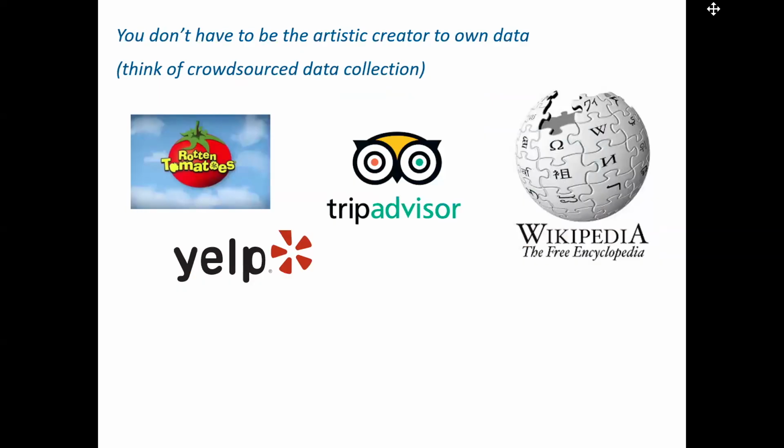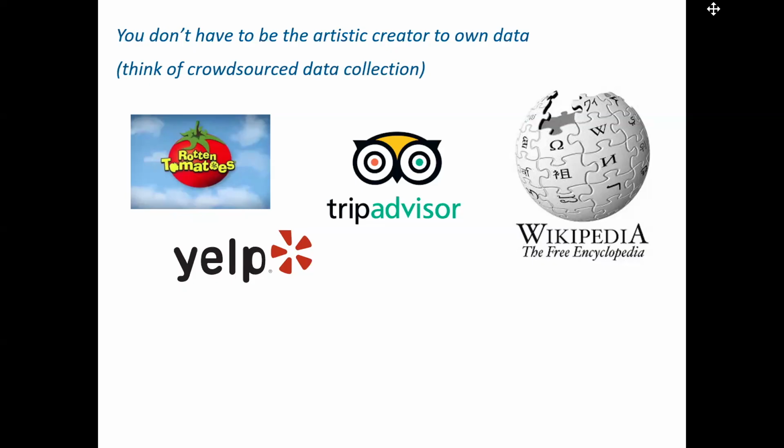So something else to consider is that you don't actually have to be the creator to own the data. There are a number of crowdsourced data collection services that make use of what is available publicly. They pull it together and then they provide concatenated or aggregated data that you can use, like in Wikipedia, something like Rotten Tomatoes, where they take all the publicly available scores for movies and put them in one place.